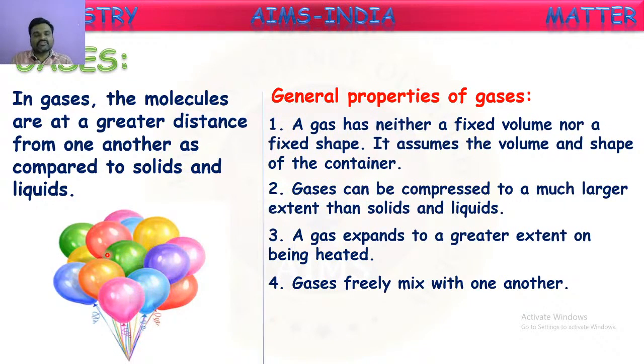Gases freely mix with one another. This is a very peculiar, special property of gases. This is not there even for solids and liquids. This intermixing of gases, this free mixing of gases with one another, is called diffusion. It is because of this that we are able to feel the smell when you light an agarbatti in the puja room.